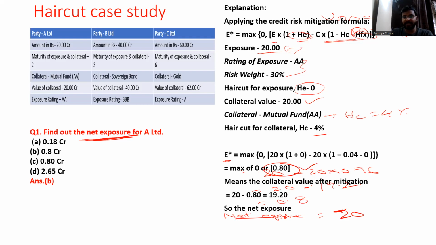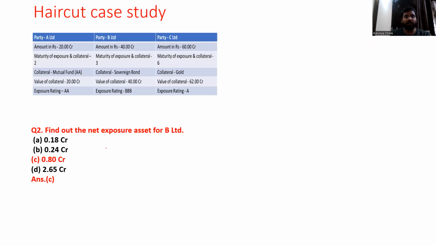Then we have to calculate the collateral value, that is 20 minus 0.8, that is 19.2. Now net exposure means 20 minus 19.2, that is 0.8. So the answer here is option B, 0.8.